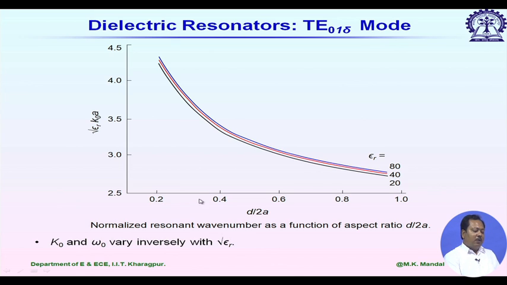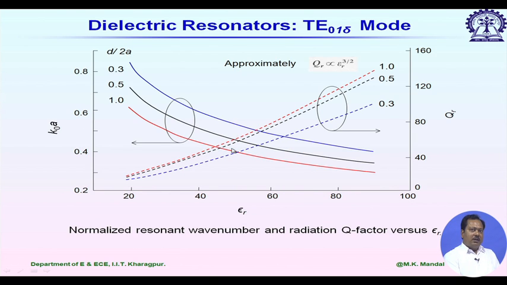So, k naught and omega naught vary inversely with root epsilon r. It also depends on epsilon r. If we increase epsilon r, then for a given dimension obviously the resonance frequency will increase, but the change in resonance frequency due to epsilon r is very small.